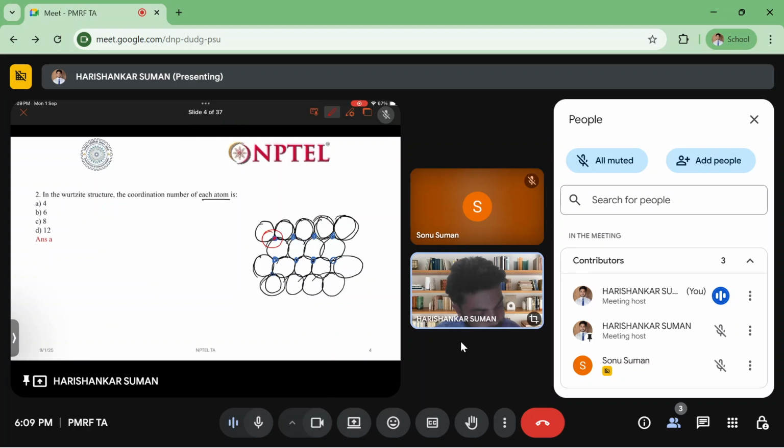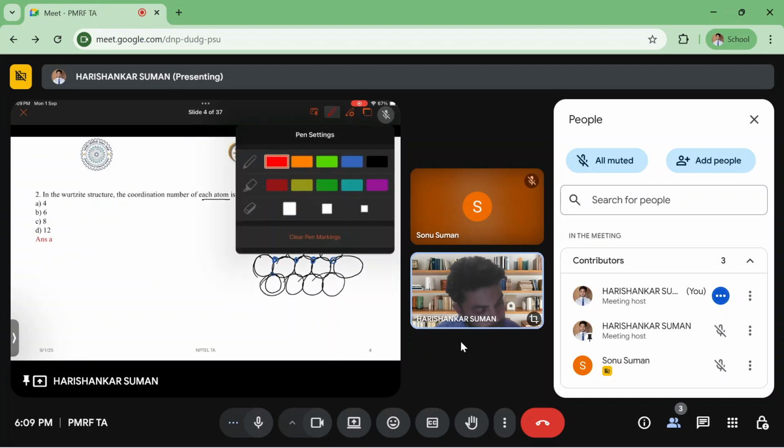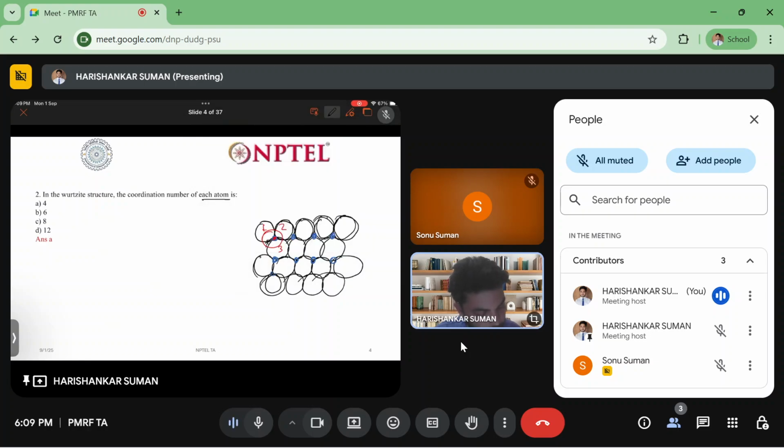So for that atom, 3 are below, 1, 2, 3, and one more is on top, that is 4. Clear? So tetrahedral coordination: each atom is surrounded by 4 atoms of the other type, and vice versa.